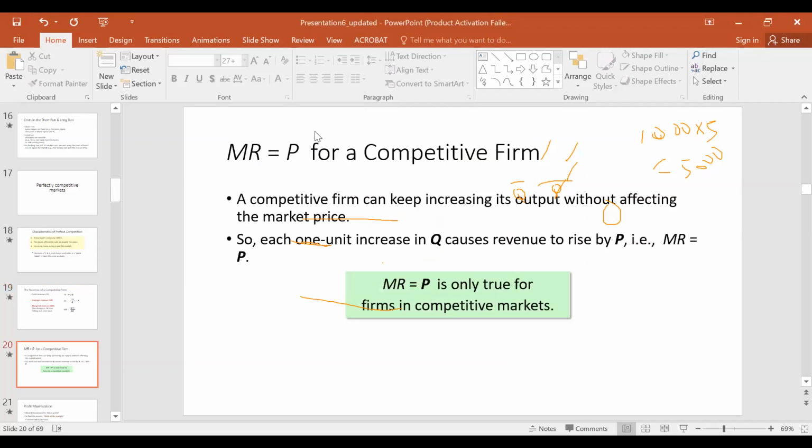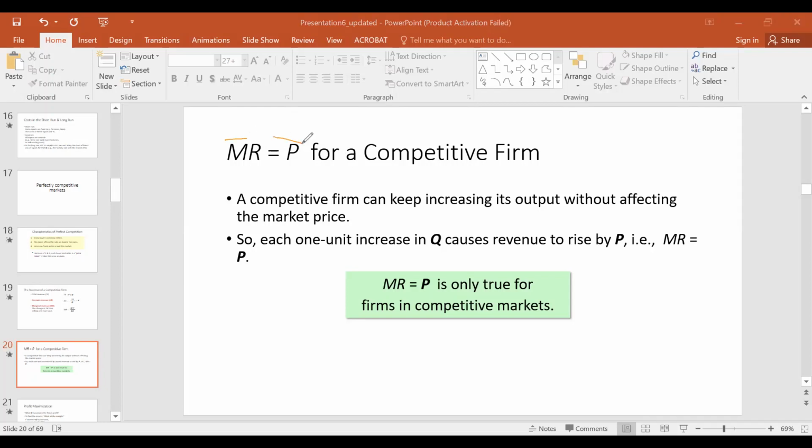Now, this is actually the most important slide about this market for you to know. They always want to test whether the student knows that in a competitive market, perfectly competitive, but I'll be saying competitive for sure, marginal revenue is equal to price.